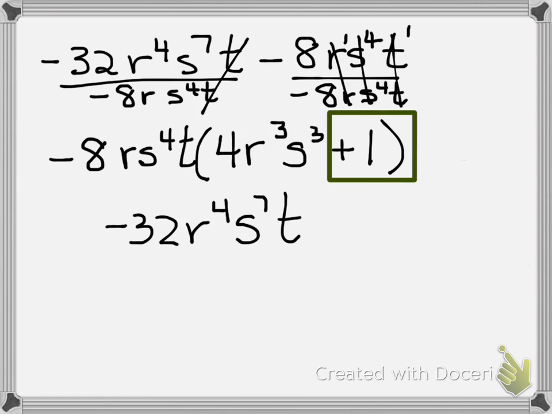And it would be like, well, what happened to the negative 8 r s to the 4th t, right? So we need to also have a 1 there. If what's on the top and the bottom is exactly the same, we do want that 1, and then 1 times anything is just itself. And so we should see that that matches what we had at the top.